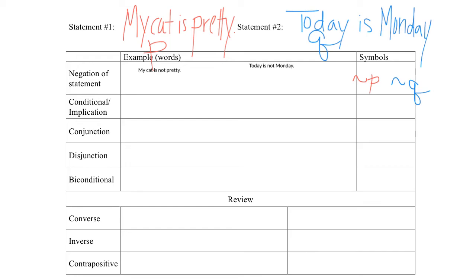Okay, for the conditional or the implication, we're going to turn that into an if-then statement. So we would just say, if my cat is pretty, then today is Monday.